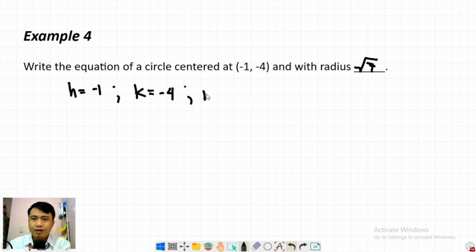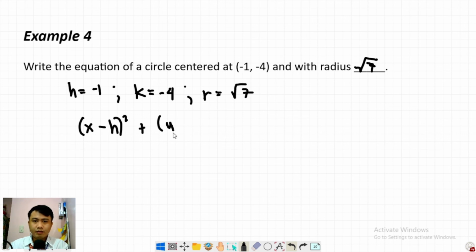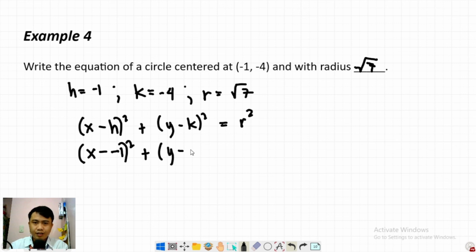And of course, our r is square root of 7. Okay. So, using again the standard form, x minus h squared plus y minus k squared is equal to r squared. Okay, what is our h is negative 1 squared. And our k is negative 4 squared plus our r is square root of 7 squared.